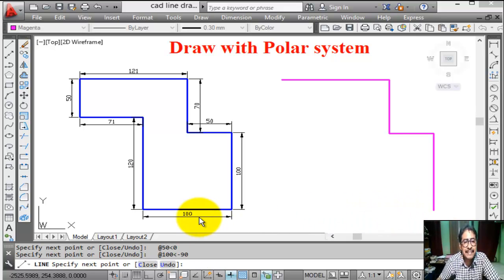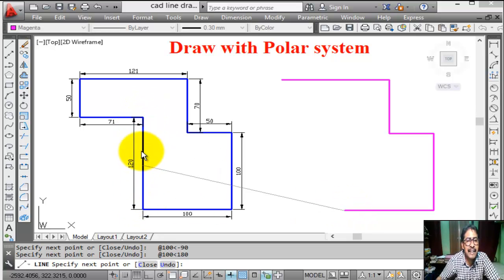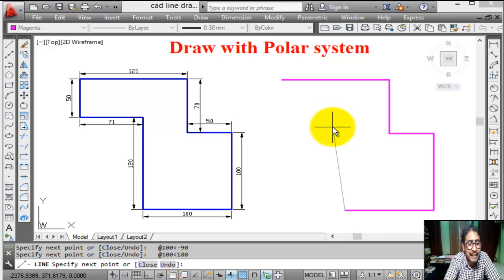Okay, next this is 100, at the rate of 100 angle less than 180 degree, 180, enter. Okay, next this line is 120 at the rate of 120 angle less than 90 degree, just type 90, enter.